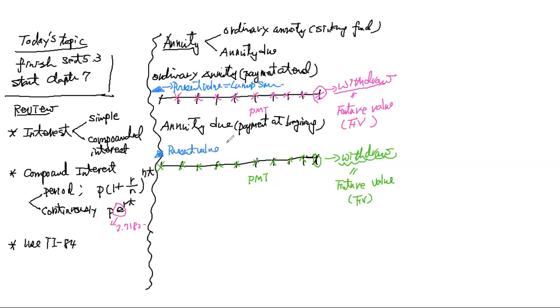So it's the same thing: if you put a big lump sum into the same interest rate, it is going to give you the same value as your future value.